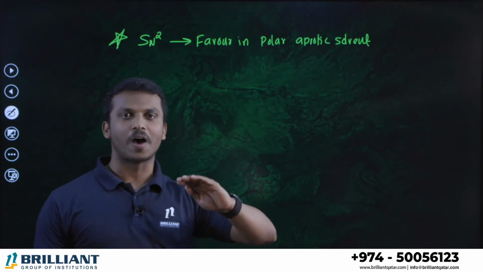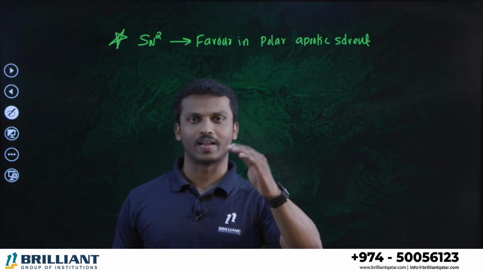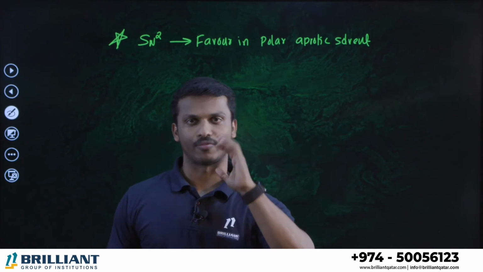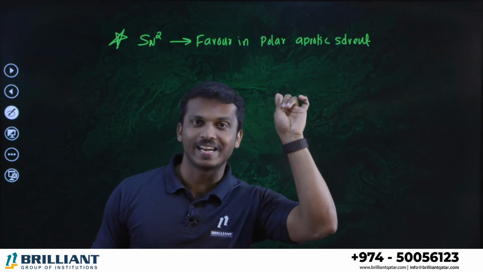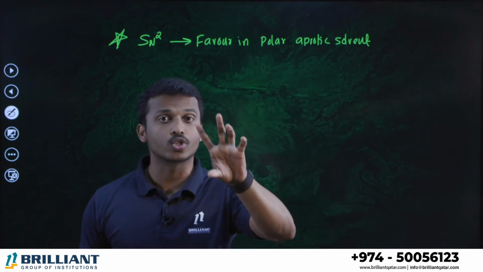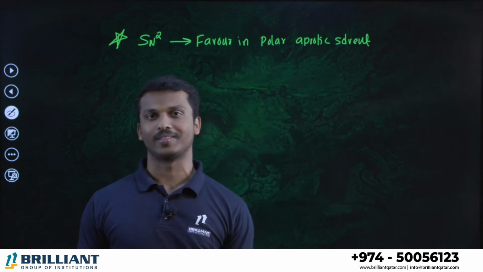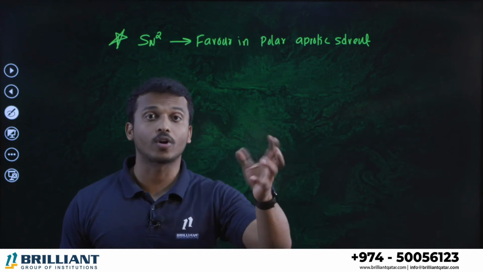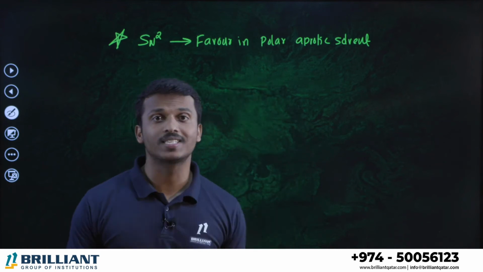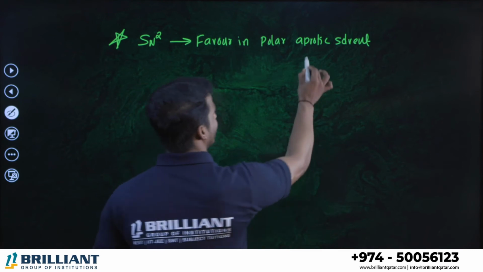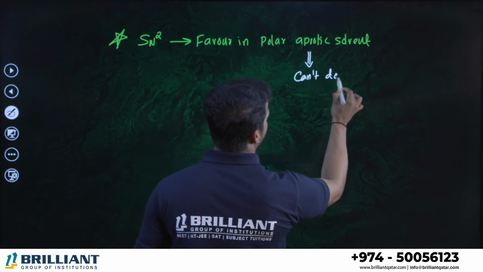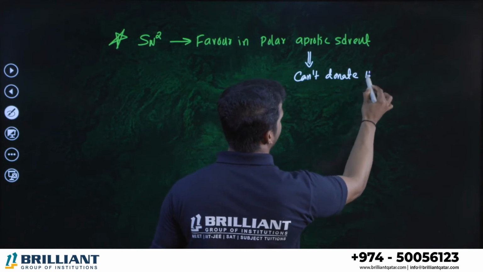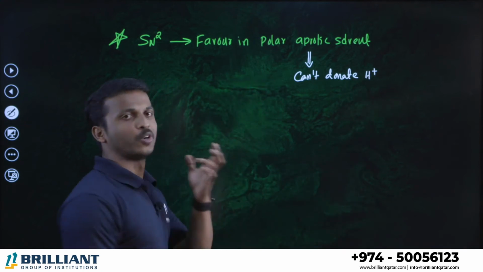Polar means there is a charge separation, delta plus and delta negative, because of the electronegativity difference. Aprotic: what was protic? We discussed it in SN1. Protic means those solvents can donate H plus ion. So aprotic means they can't donate H plus ion. These are called aprotic solvents.